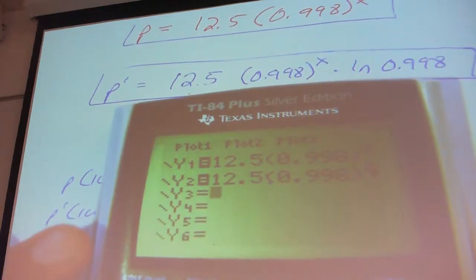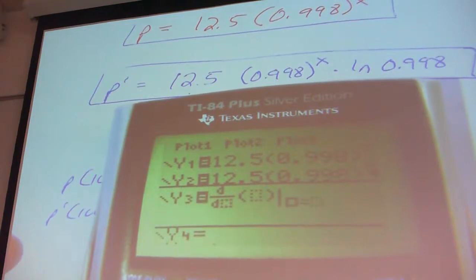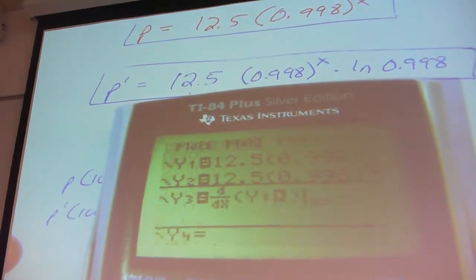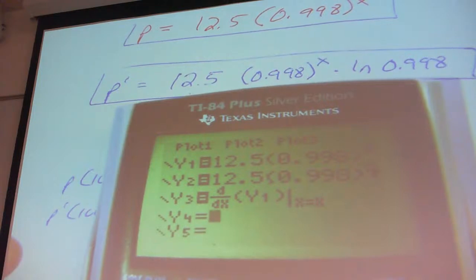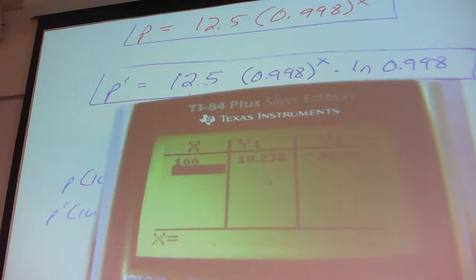How do I do the derivative in the calculator again? Math 8, this version is x, bars, y bars, function y1, x. All stuff we've gone over, right? Nothing new, it's just we're doing special cases now. Go to the table feature. Get rid of any old ones, type in 100. What does 100 stand for again?